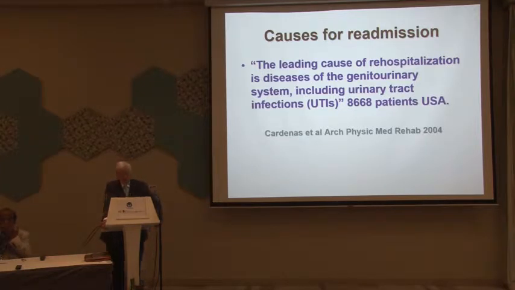Also, regarding causes for readmission, the leading cause for rehospitalization is skin problems, then cardiac problems, but also a lot of diseases of the genitourinary system, including urinary tract infections. So you have there a clinical entity that is really worthwhile to look into.